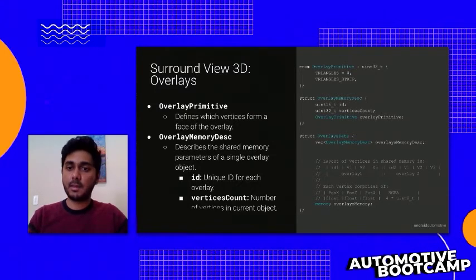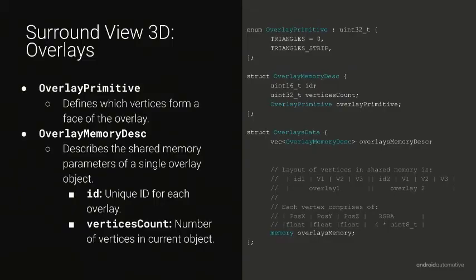And finally, the overlay memory. This is an inbuilt data structure that basically gives a pointer to the shared memory that the application has defined. And there is the layout in the comments there in that code section showing you have an ID followed by a list of vertices for each of the overlay objects.